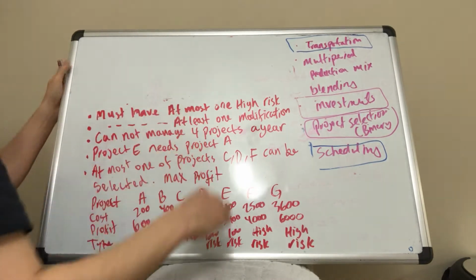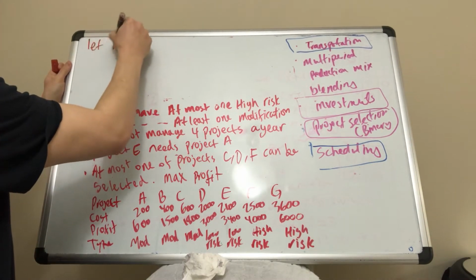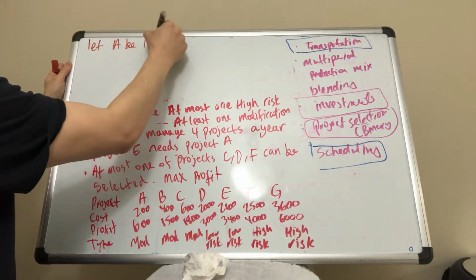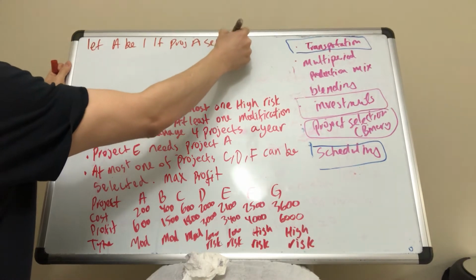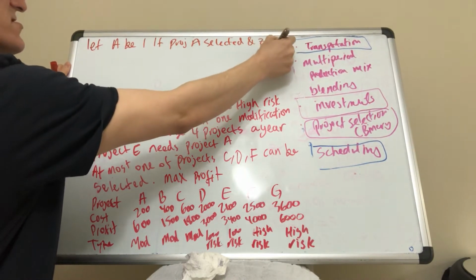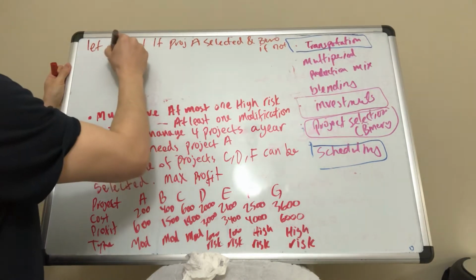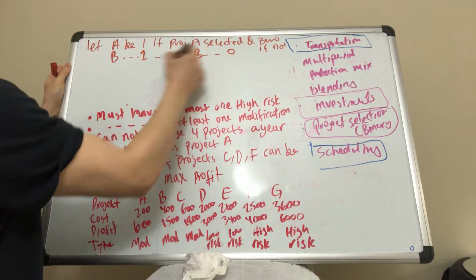We define the variables this way. We say let A be 1 if project A is selected and 0 if not. Same for B, 1 if selected, 0 if not.